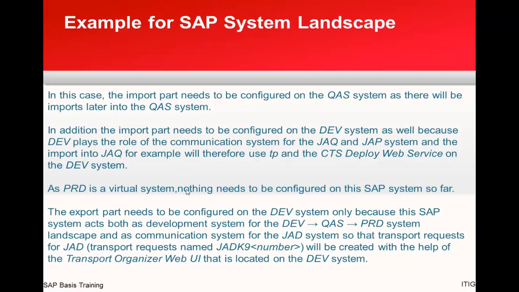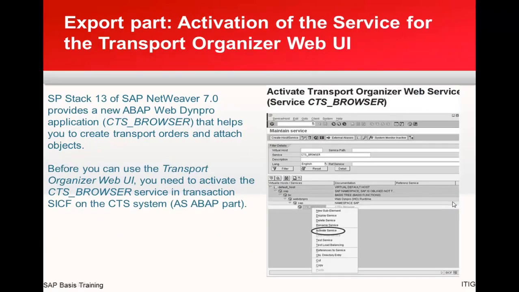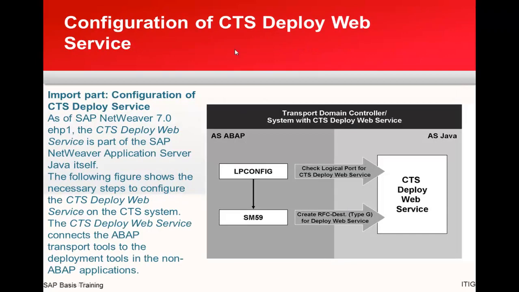As the production system is a virtual system, nothing needs to be configured. The export part needs to be configured on the dev system only, because this SAP system acts as the development system. Here you can see your CTS_browser service. Just make sure that you activate this service. So that is step 1.